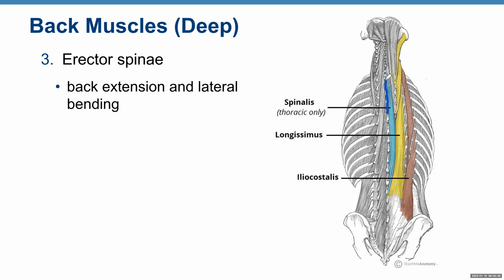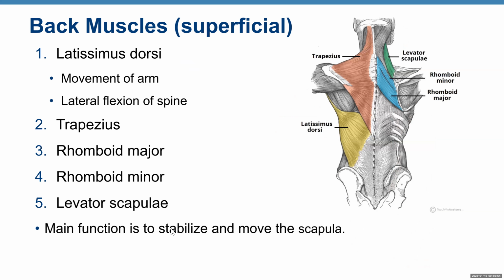Spinalis, longissimus, and iliocostalis. Those three muscles are part of the erector spinae group. Then we have superficial muscles of the back.